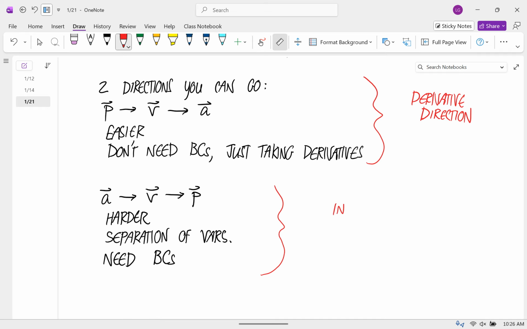This is the integral direction. So if you're given position as a function of time, then you're pretty much set. Everything's pretty simple. If you're given velocity or acceleration as a function of time, then you're likely going to have to use boundary conditions for whatever you're trying to find.